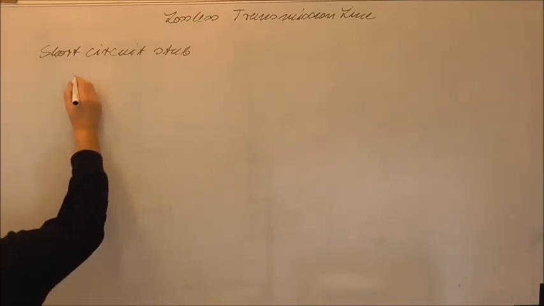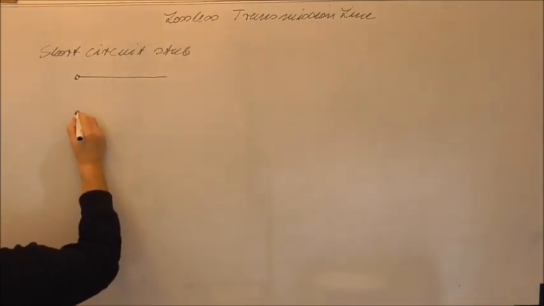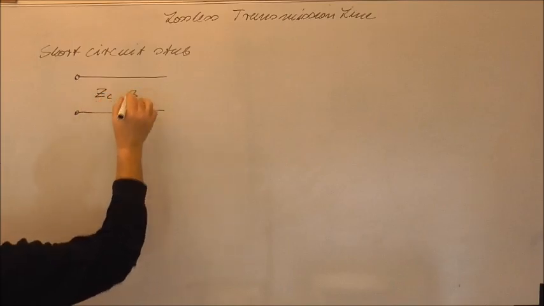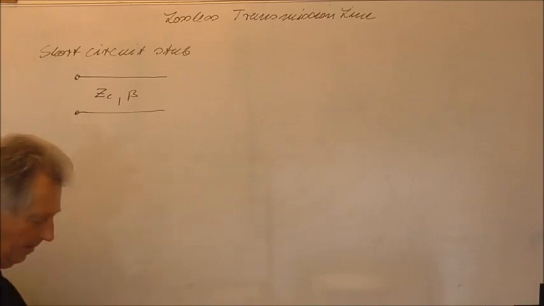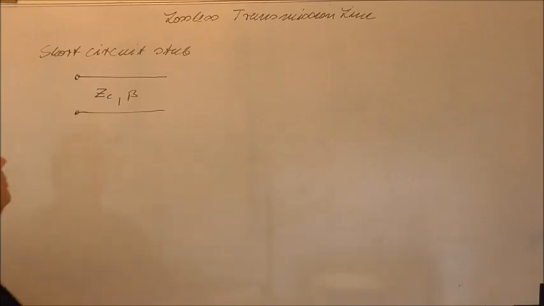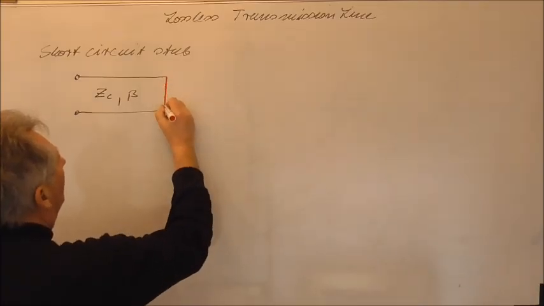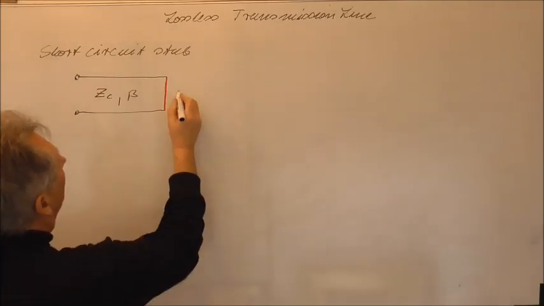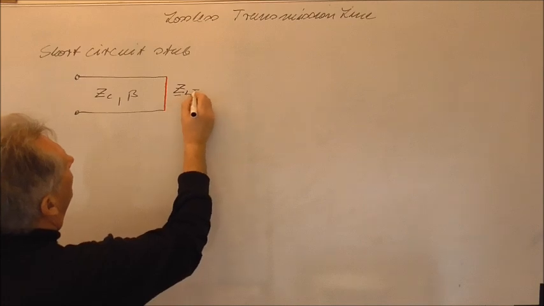What does this mean? We have a transmission line of a certain length, and this transmission line is described by its characteristic impedance Z_C and β, because we assume a lossless transmission line, and at the end of the transmission line we assume that we have a short circuit here, which results in the point that Z_L is equal to 0.